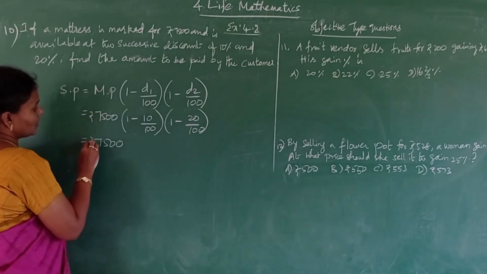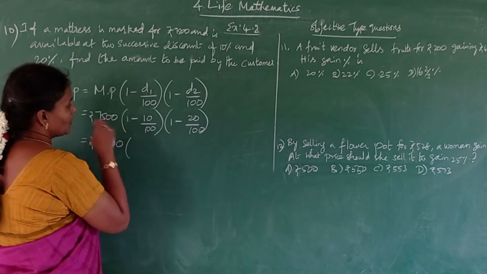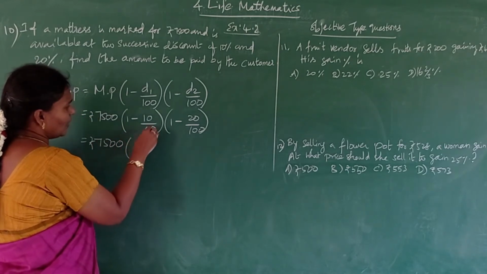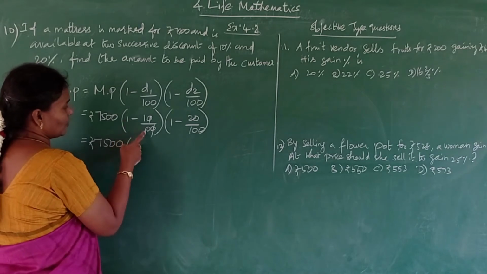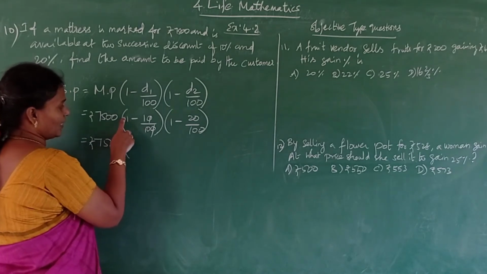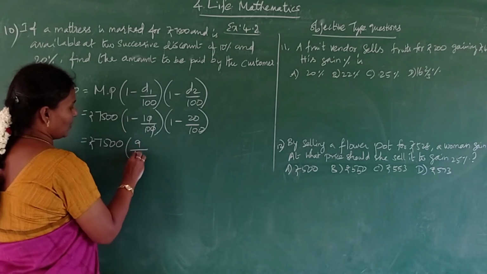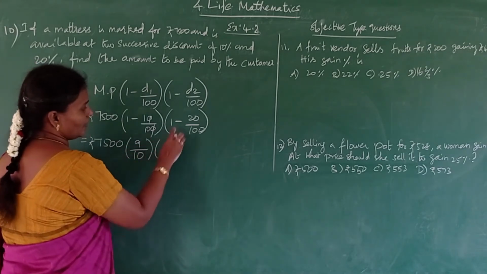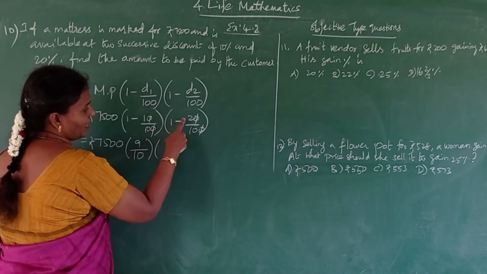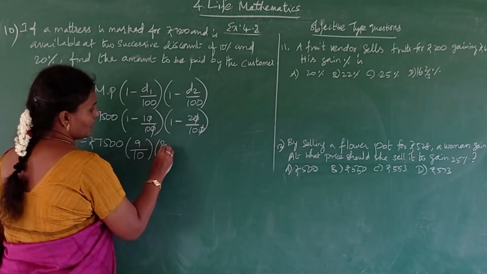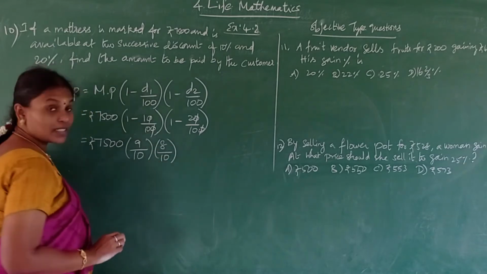So rupees 7,500 of, see here, 10 cancel. So 10 minus, if you do the cross multiply here, 10 minus 1 is 9. 9 by 10. Okay. See here. So here 10 cancel. So 10 minus 2 is 8. 8 by 10. Understand, children?